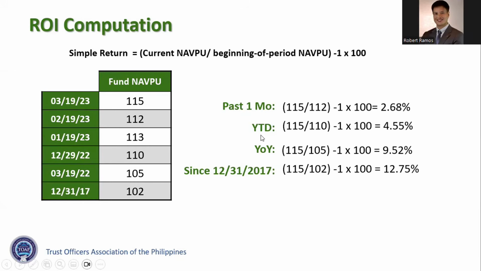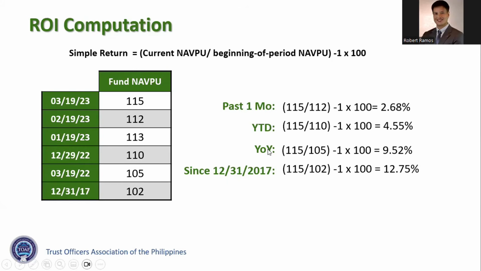Year to date is utilizing the NAV pool as of December of the previous year. So you are utilizing 115 as your numerator, and 110, which is your end December net asset value per unit, minus 1 times 100. That is your year-to-date return as of 3/19/2023.